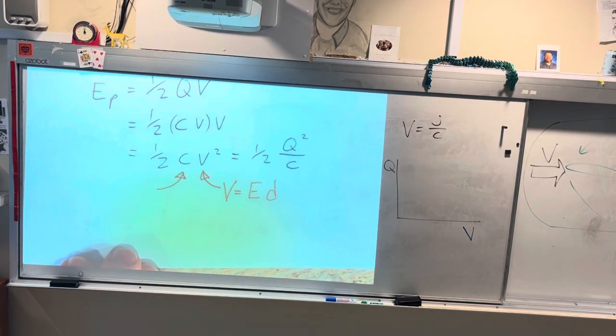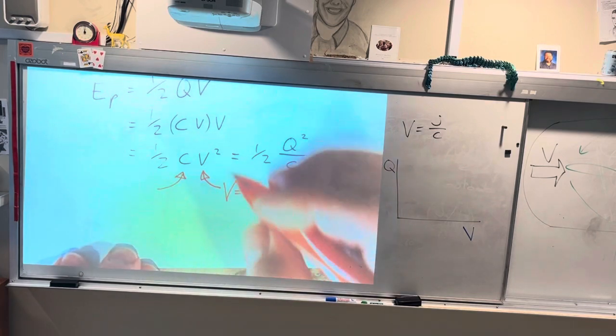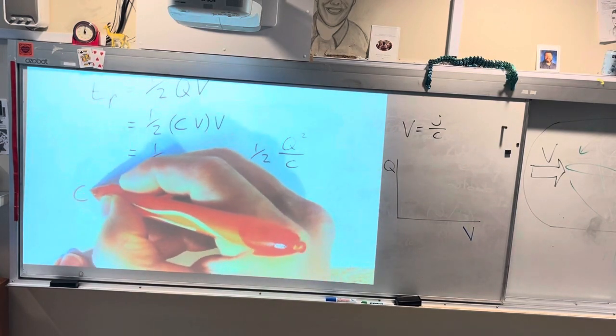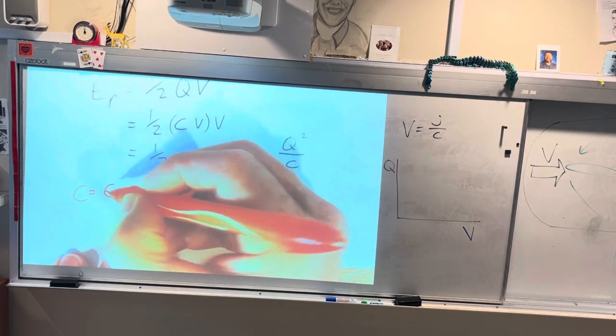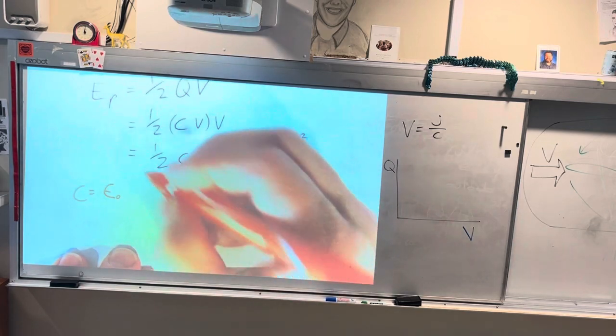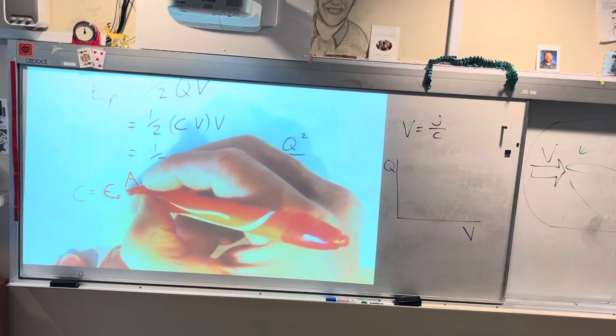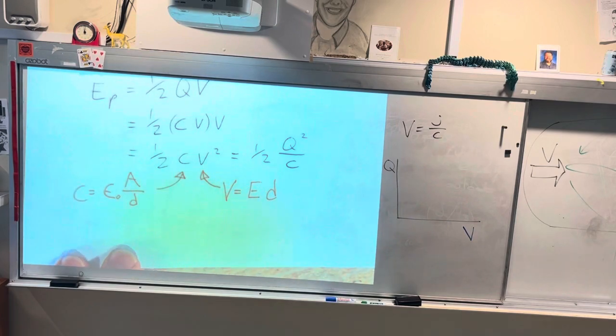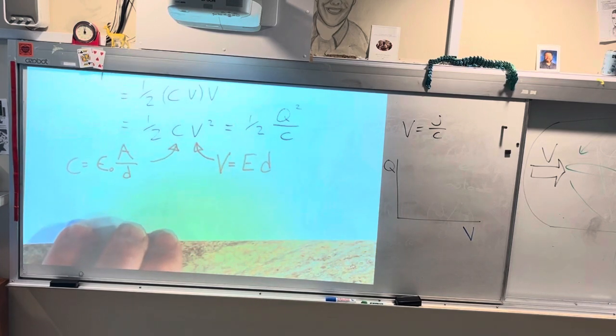C, we said before, was epsilon naught, or epsilon if you have a dielectric, times A over D, right? Just take a minute, put those together and see what you come up with.